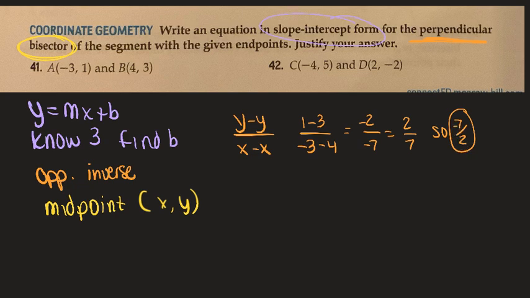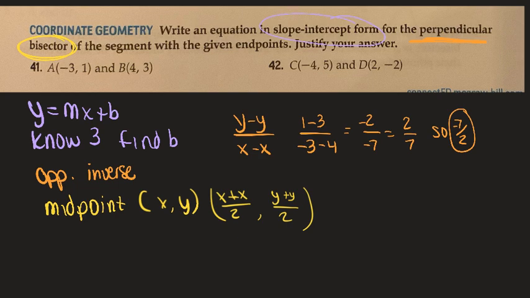Okay, pause the video and find the bisector. Find the midpoint between these two. Remember, you could draw a picture and go halfway sideways and halfway up and down, or there was a formula for finding the midpoint. The formula was x plus x divided by 2.